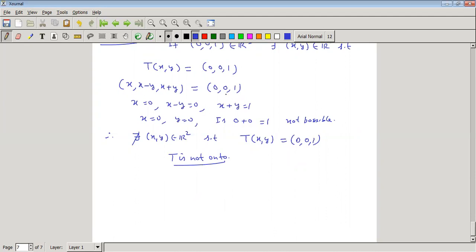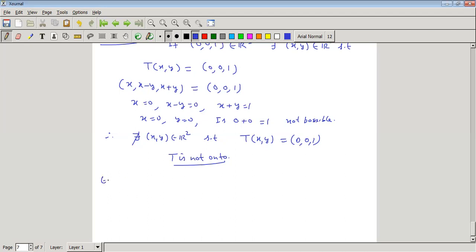We picked one element in R3, 0, 0, 1. You can take another element 0, 0, 2, 0, 0, 3, 0, 0, 4, and so on. So there are so many elements whose preimage does not exist. It means if we have one element in the codomain whose preimage does not exist, then it is not onto.